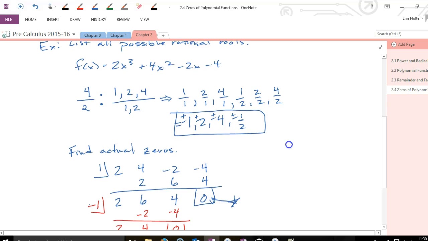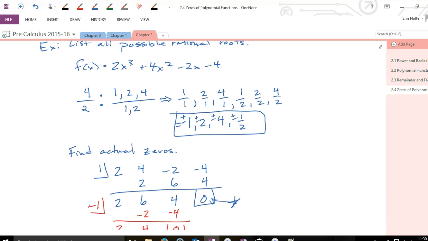If you go back to the original function, my initial function, and plug -2 in, then I should get 0. Well, but that would work for -4, because any of those could end up. They could not. So that doesn't mean that all 4 of those are in fact zeros, they're just possibilities.